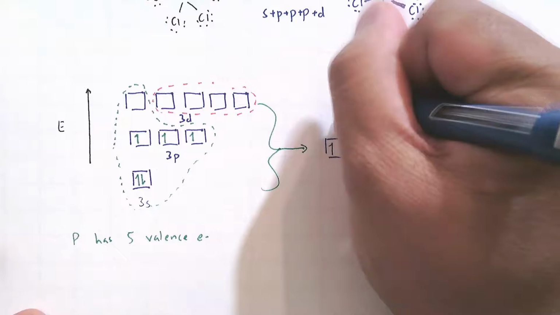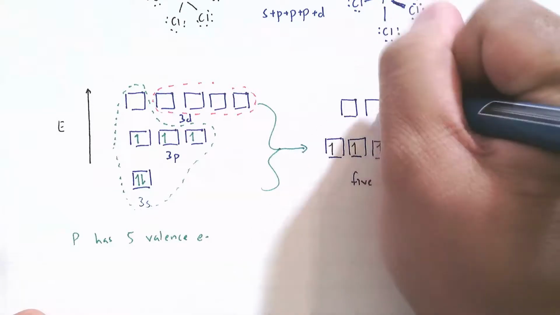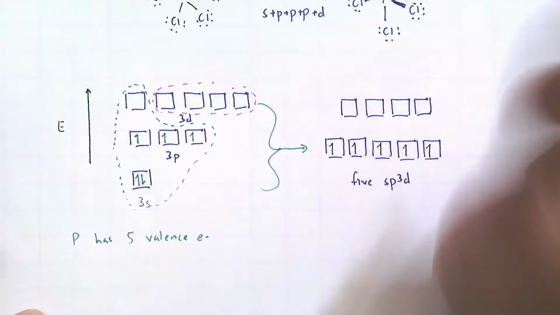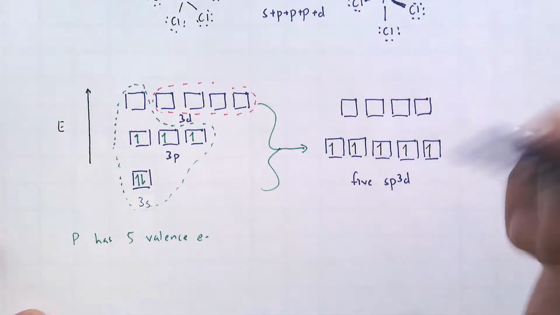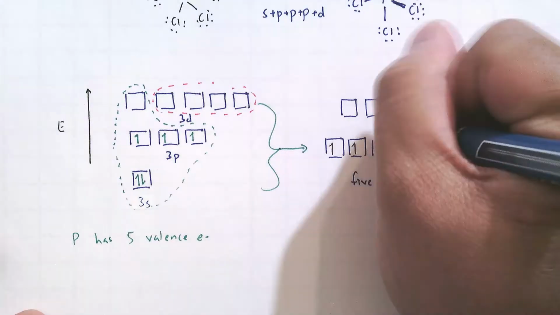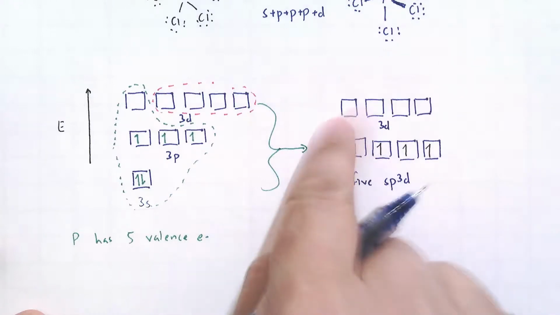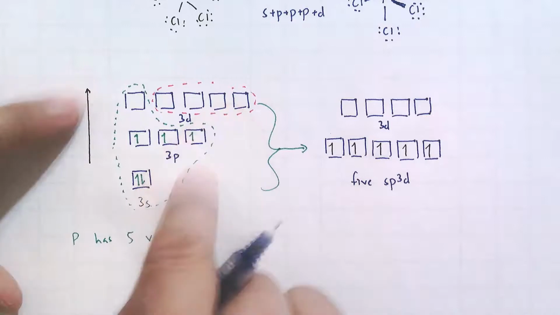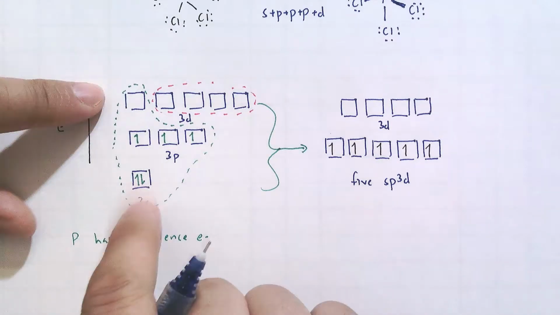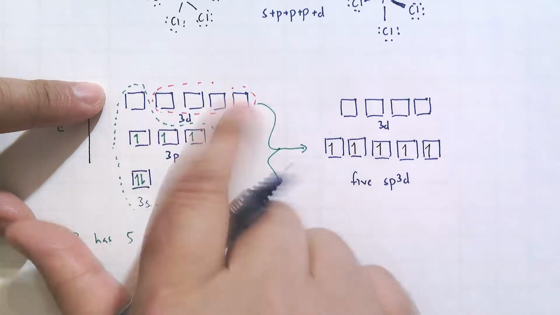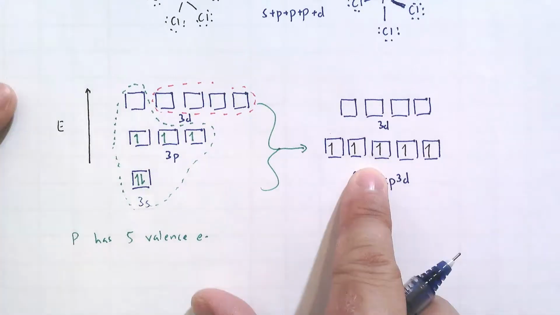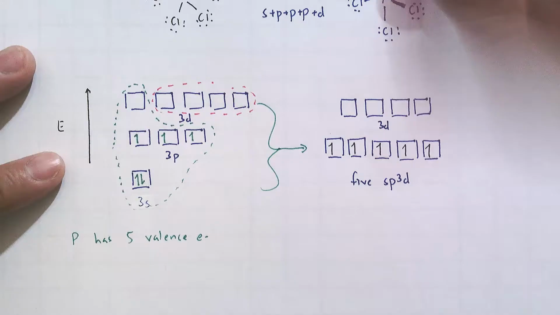I probably wouldn't ask my class to draw this, but they should realize that if I ask how many d orbitals are unhybridized, they'll say 4, and they're empty. So we took care of all the orbitals: 1, 2, 3, 4, 5, 6, 7, 8, 9. 5 are hybridized. These are unhybridized up here.